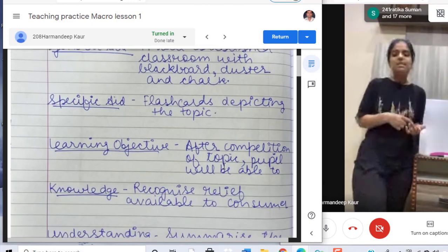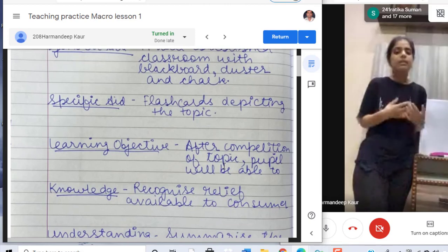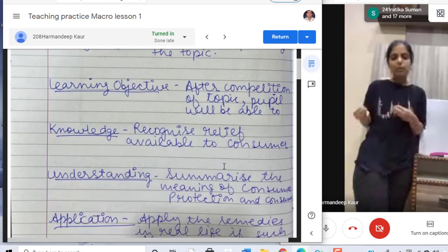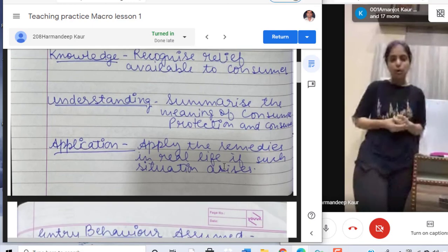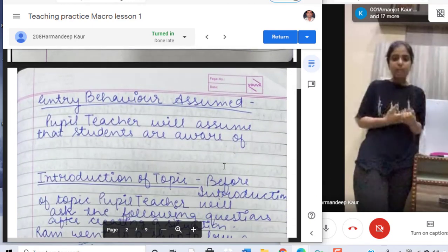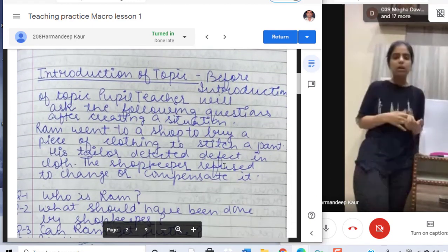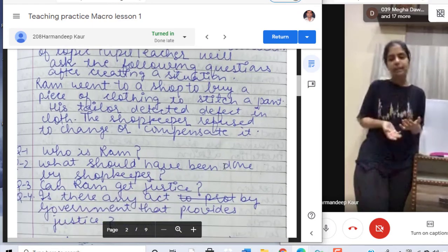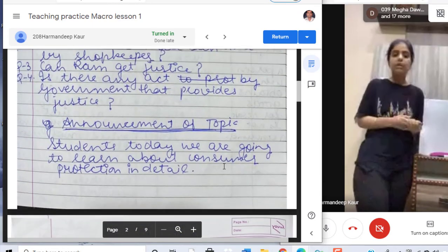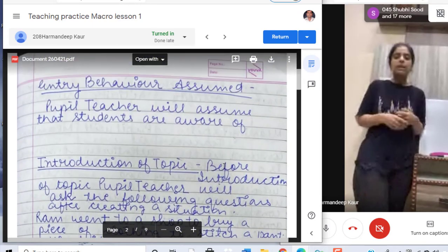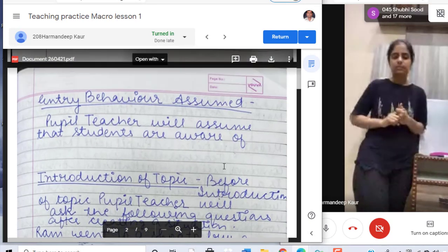His tailor detected that the cloth was defective. So Ram took the cloth and went back to the shop, but the shopkeeper refused to change the cloth or to compensate for the defect. So tell me, students, in this situation, who is Ram?